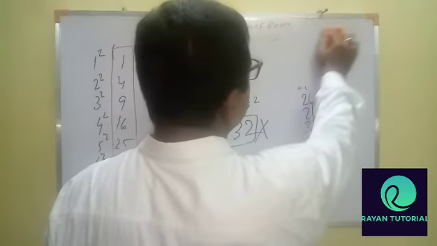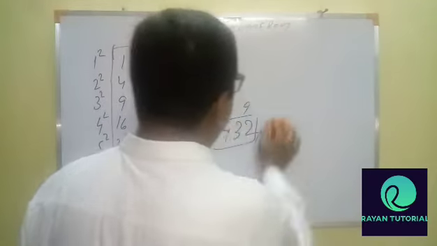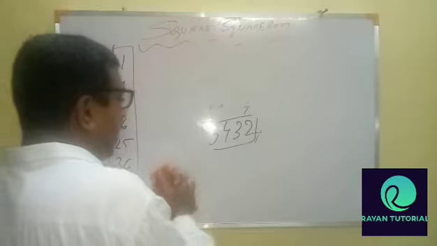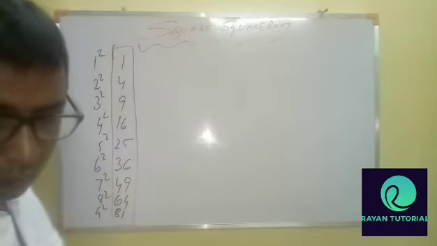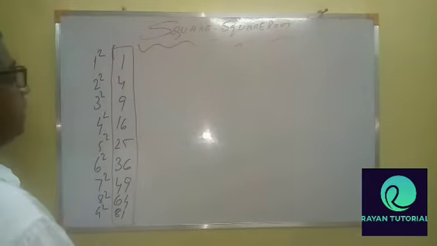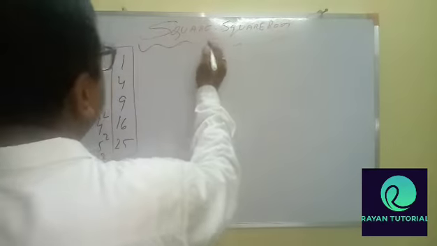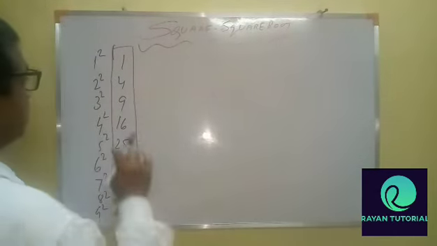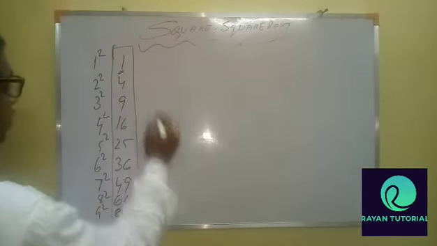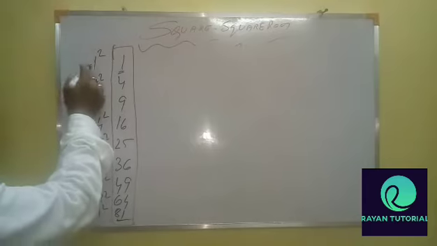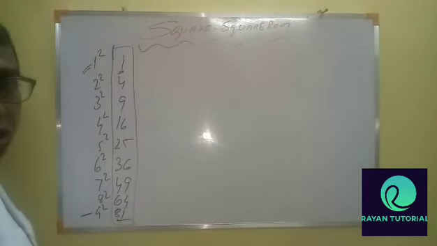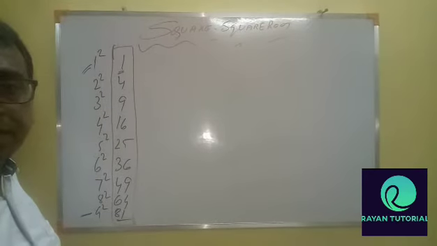Okay. Now, in squares, there are some patterns. Pattern means whenever you will be getting the perfectly square numbers, they end up with either 1, you see, that means this is 1 or 9. Clear?